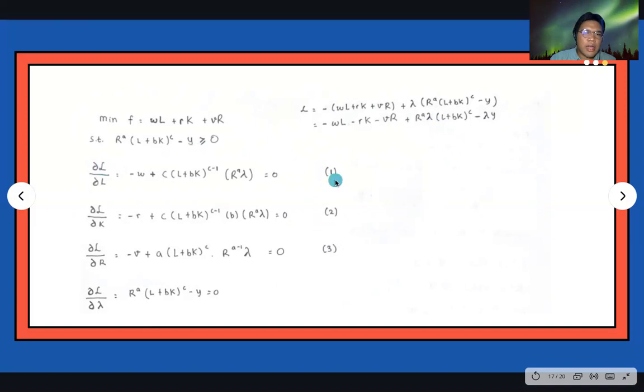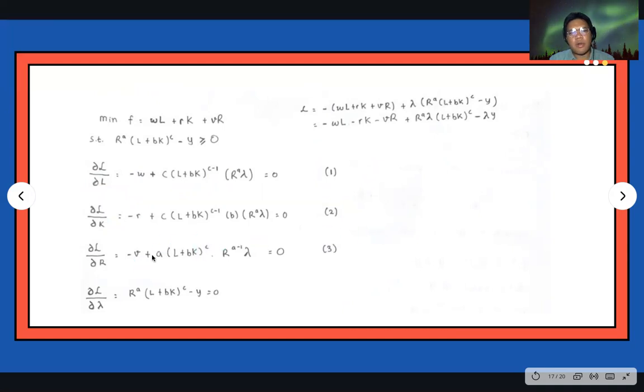So next, we want to take the partial derivative of L with respect to labor. We can derive it manually, and the second one is also the same.